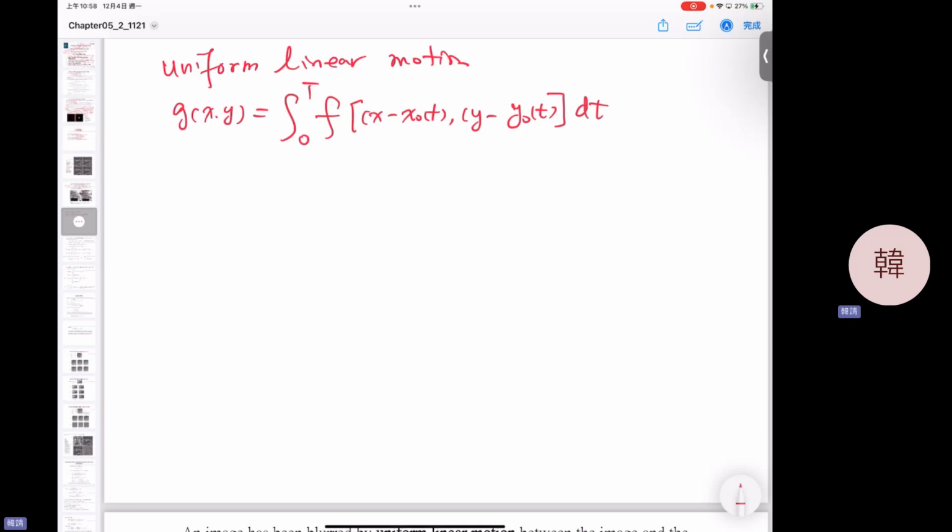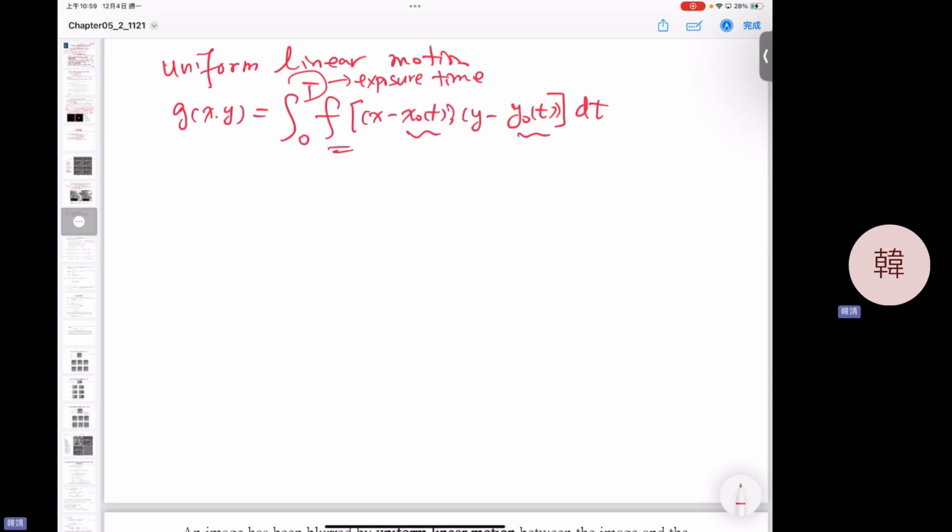It's a linear motion: your G image is the degraded image, your F is your image, but it's moving linearly over t seconds. T is the exposure time. And x0(t) and y0(t), what are these functions? They are your linear motion in the x direction and y direction.